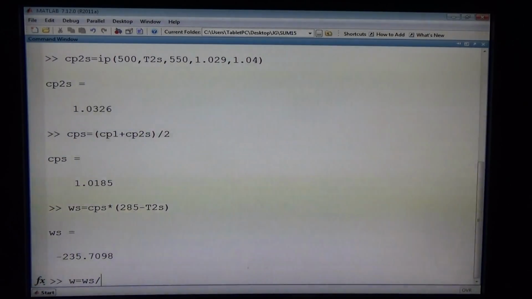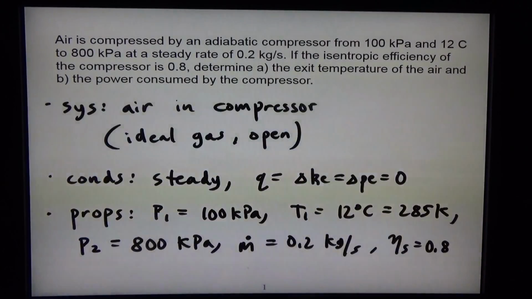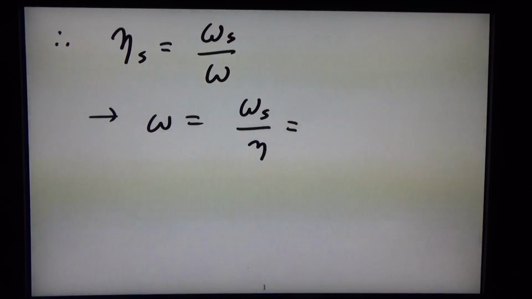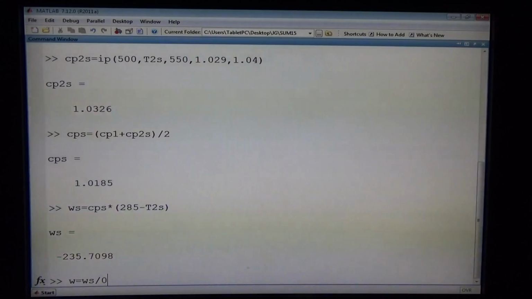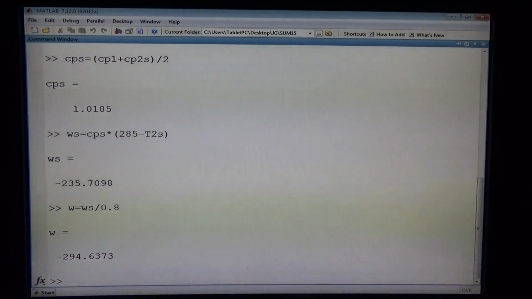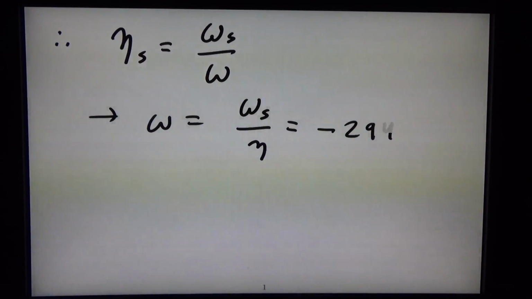Let me just check and make sure that was, yes, 0.8. Notice it's higher because it's not as efficient as the isentropic compressor. So it's going to be negative 294.6.